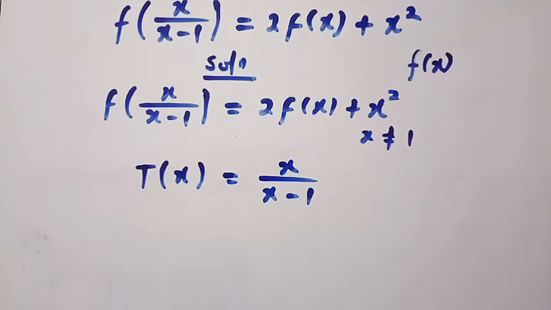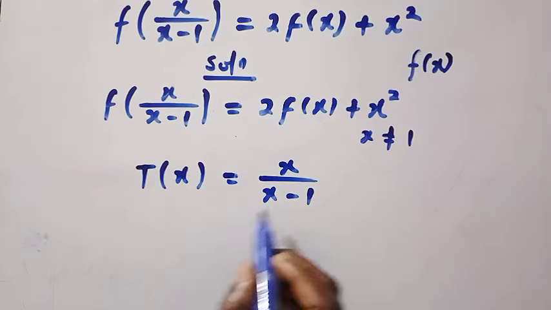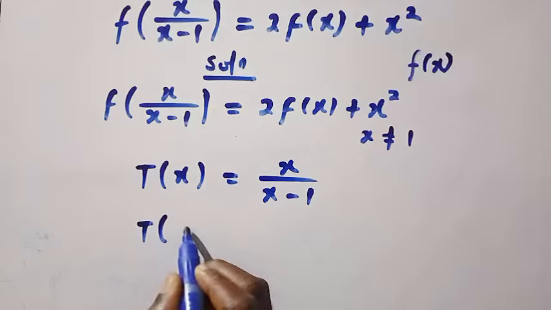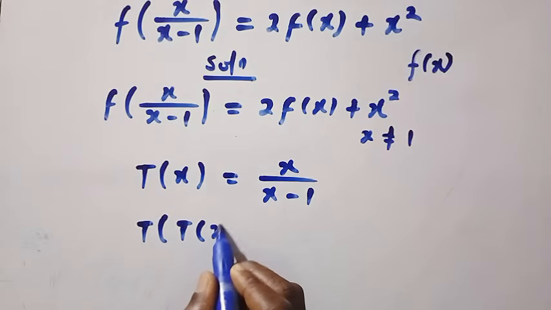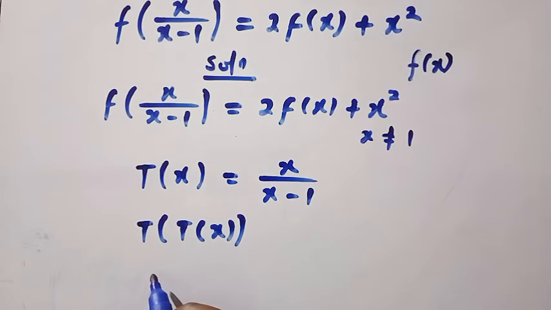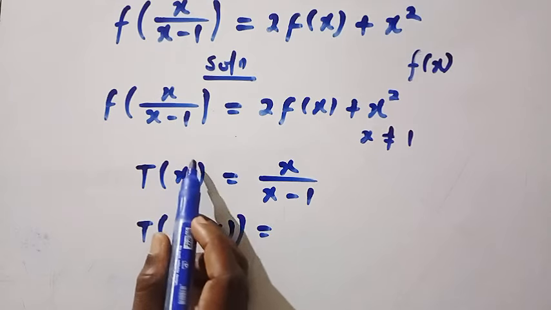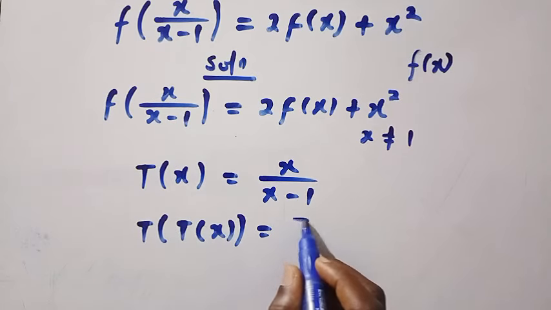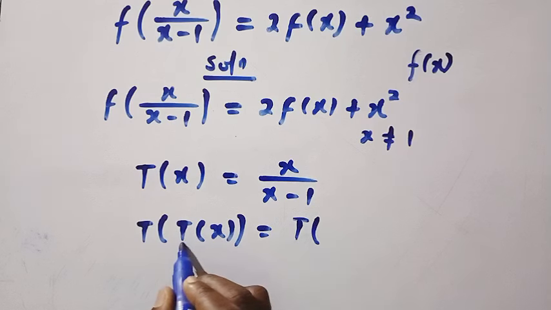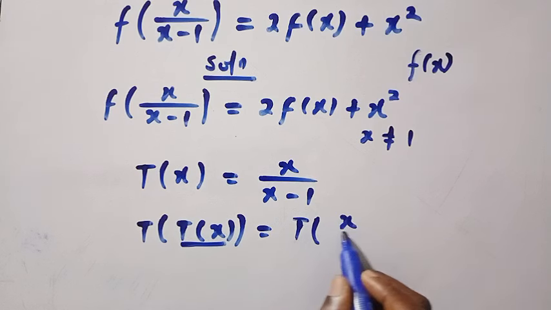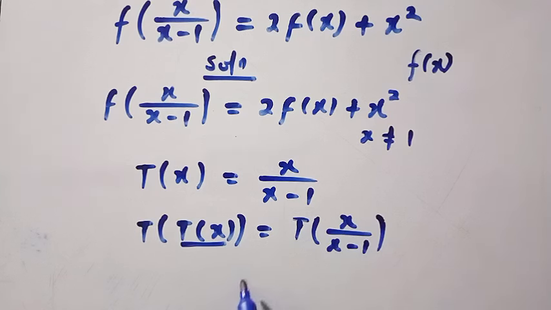For every involution theorem, if I introduce another t, we consider only t of x here. So now t of x is also t over x minus 1, that is, every single x now becomes x over x minus 1.